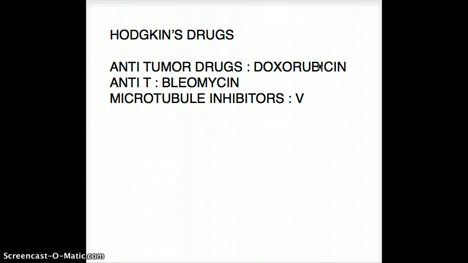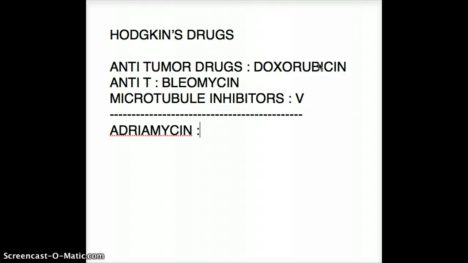Okay, so let's talk about Doxorubicin. Another name for Doxorubicin is Adriamycin, spelled A-D-R-I-A. Now, what is the mechanism of action of Doxorubicin?